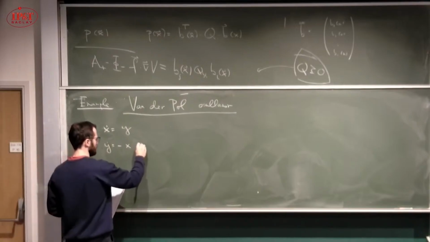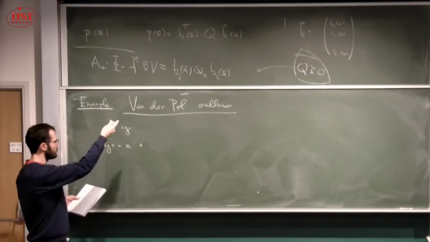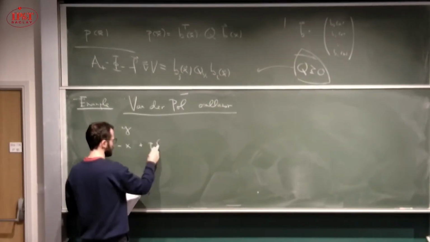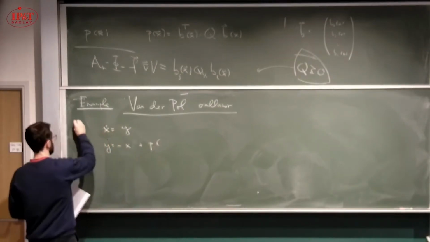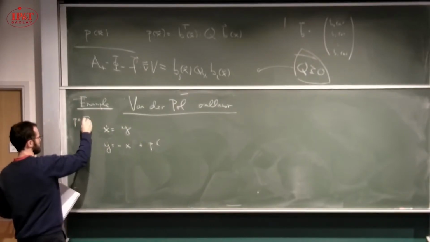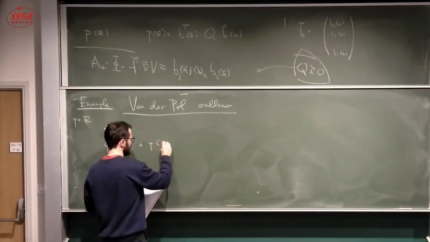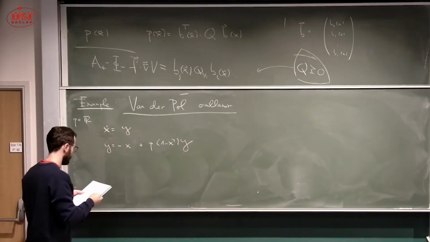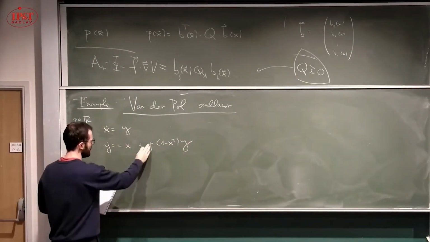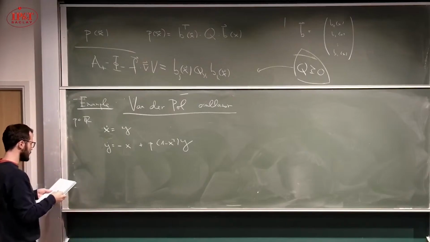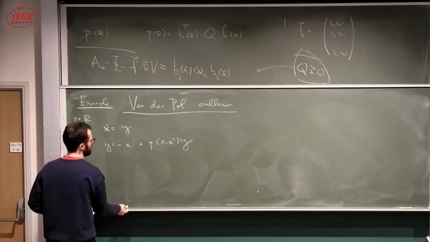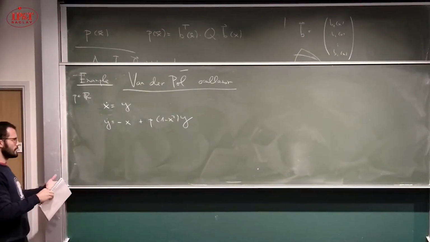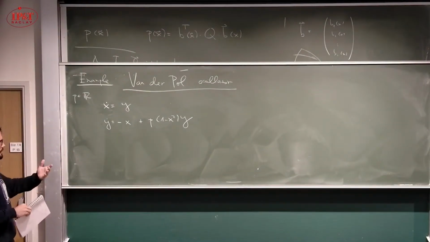But you're going to add some nonlinearity, or Van der Pol added some nonlinearity to it, which looks as follows. There's some parameter p, which we can tune, and then there's some nonlinear coupling. For p equals 0 we get a harmonic oscillator, and let's try to increase p from 0 to a positive value.